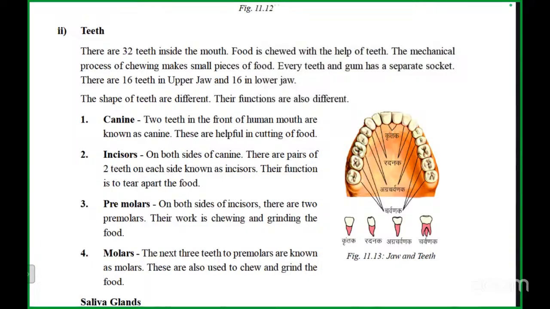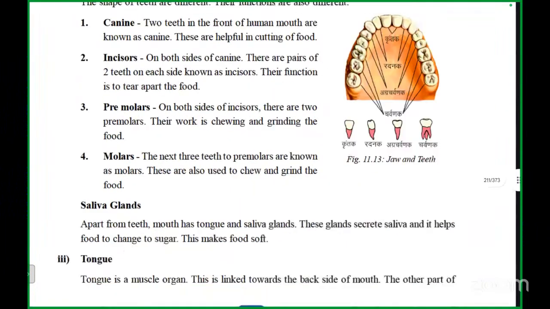Then there are canines on the side of the incisors, used to tear apart the food. Then we have premolars and molars at the back, which help to chew the food and break it down, and then we swallow it.